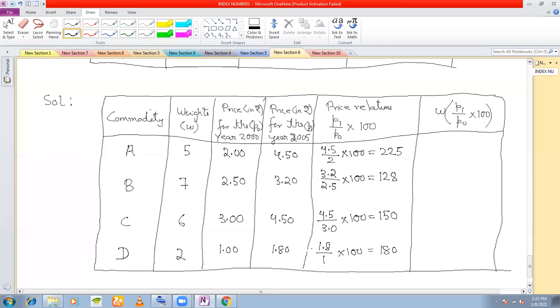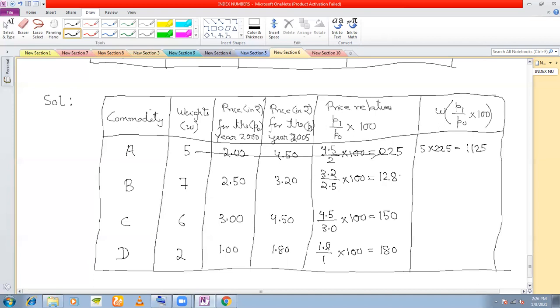Okay. And now the fourth column will be for the product of weights and price relatives. So 5 into 225. This is the product. Okay. So 5 into 225 will give you 1125.